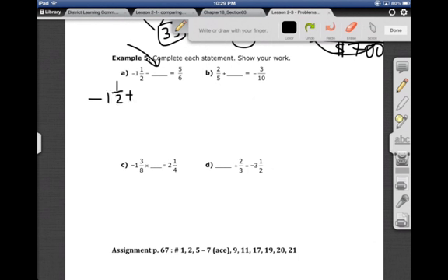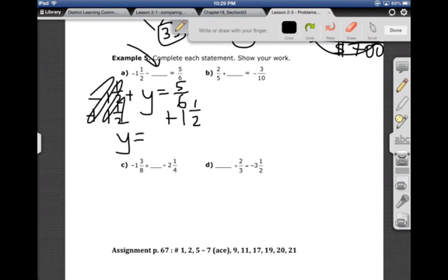Some number, we could say y, is equal to 5/6. And this is another way of proving that you would have to add 1.5 to both sides just to find out your answer. There's a little bit of algebra proof for you.